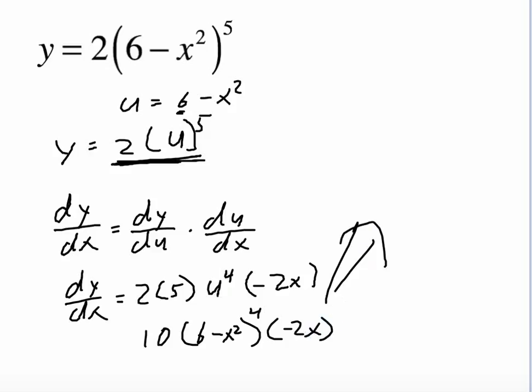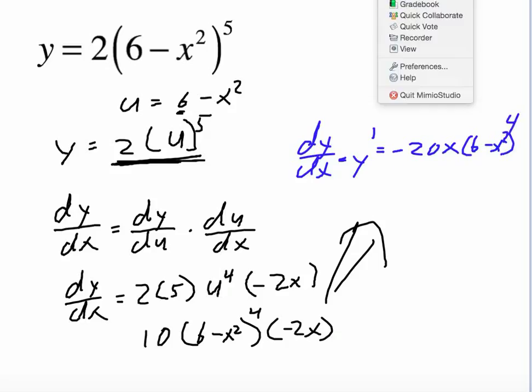So we'll come up here where we have more room, and in blue, dy dx equals y prime, which equals negative 20x times 6 minus x squared to the 4th. And you're done.